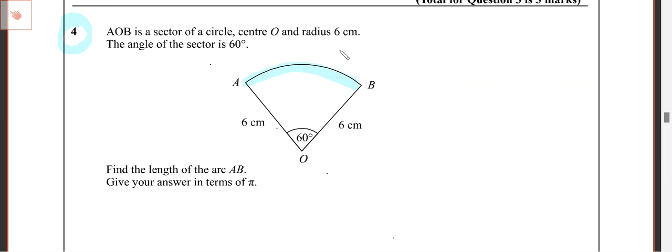The circumference, yeah? So which formula do I need? Circumference equals pi d, or 2 pi r, yeah? What's 6? The radius. Okay, so that's r, right? So the circumference is going to be 2 times pi times 6, okay?